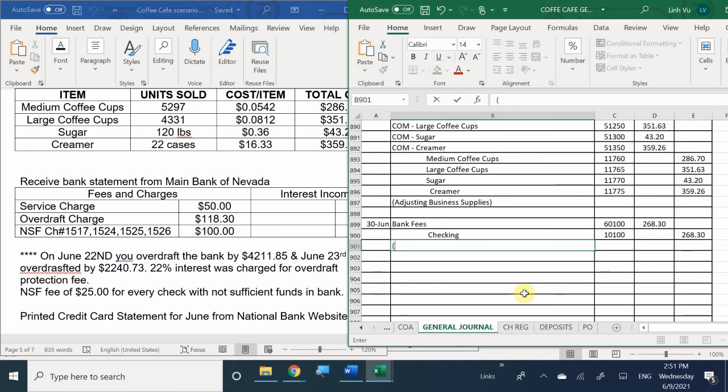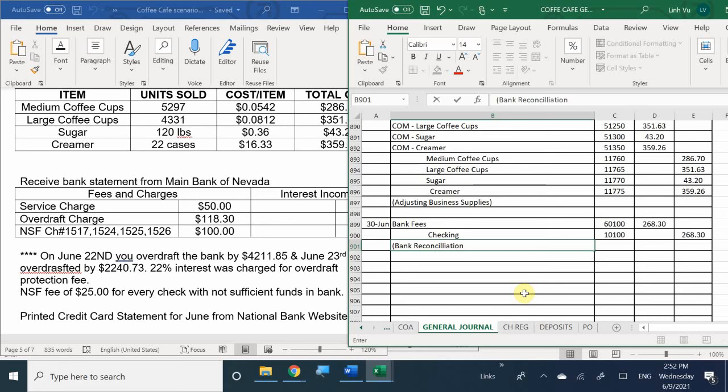Anybody else remember chapter 10? I'll give you a hint. The first word starts with bank. Bank expense? No. Bank fees? No. Reconciliation. Yes.